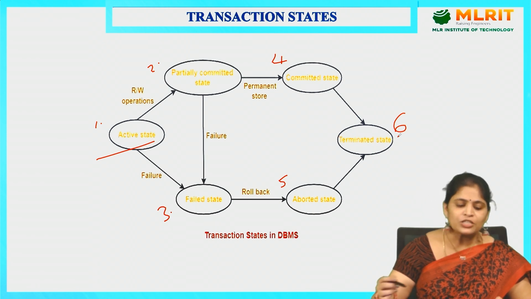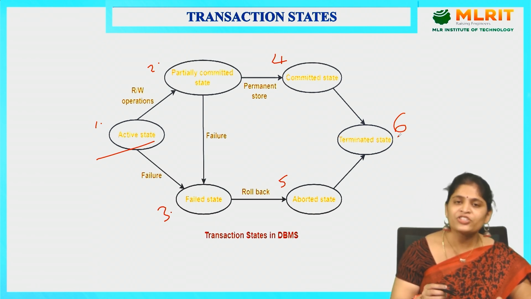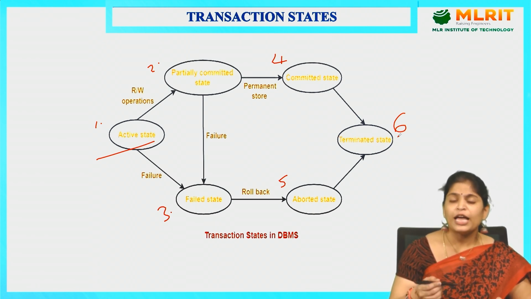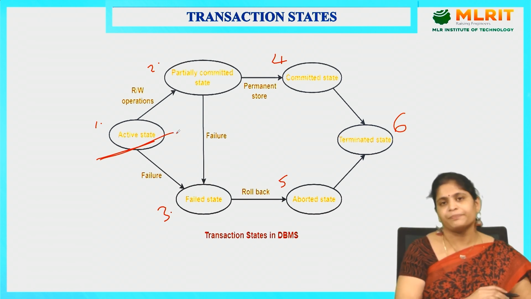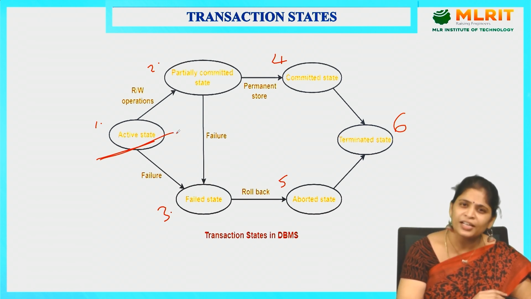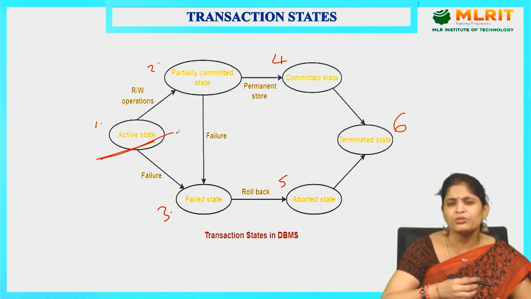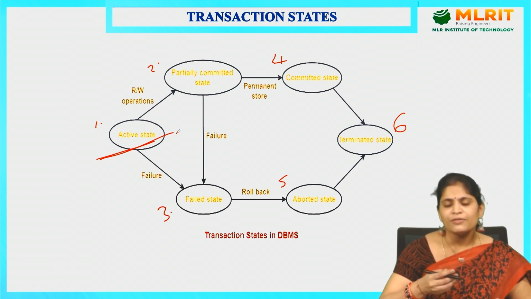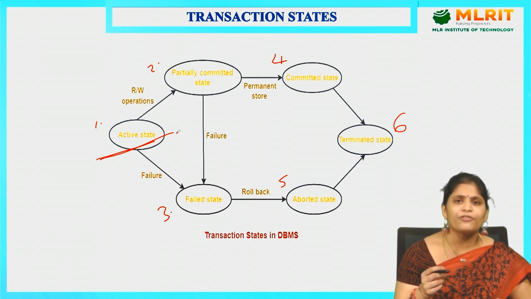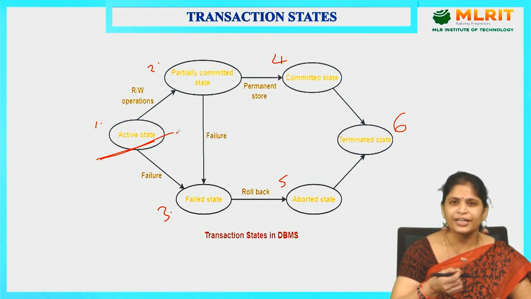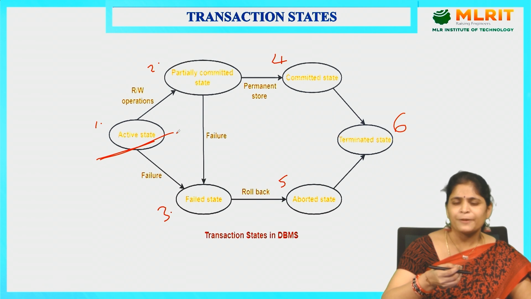Whenever the transaction has been started, the transaction is in the active state. Let us take the previous example. The first operation is read of A. I read the data from the database to the buffer.